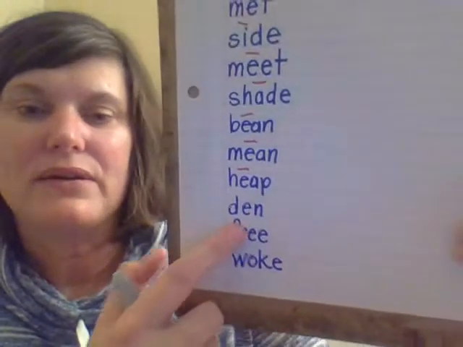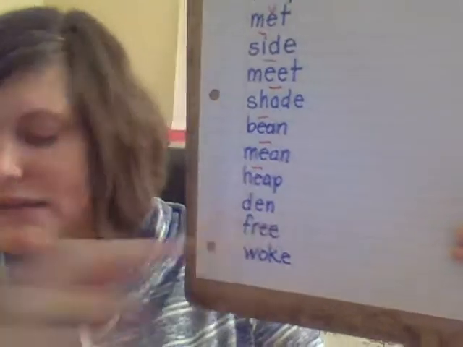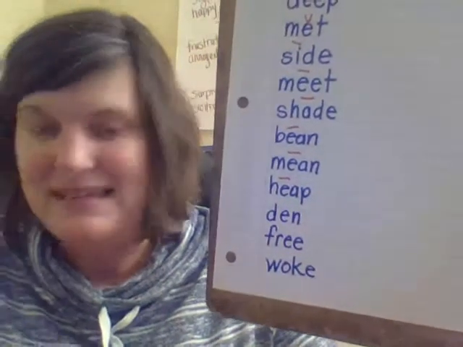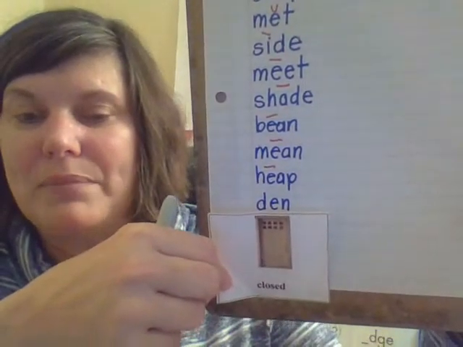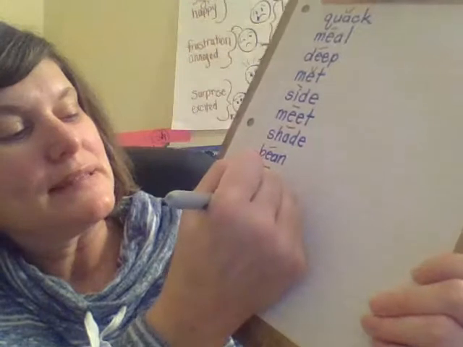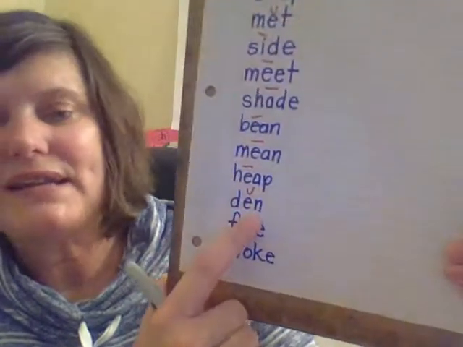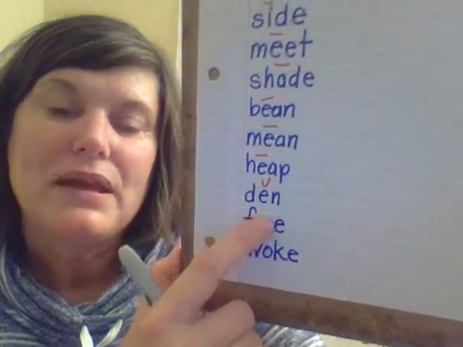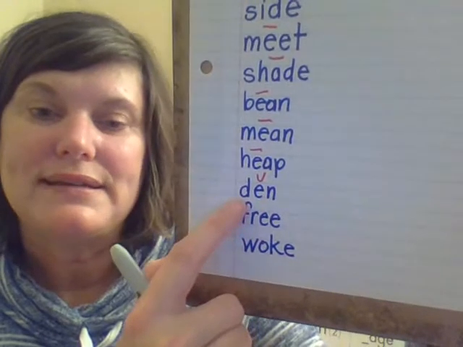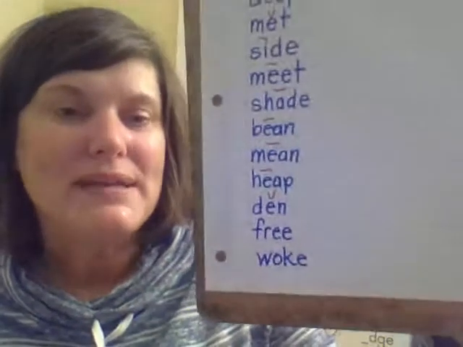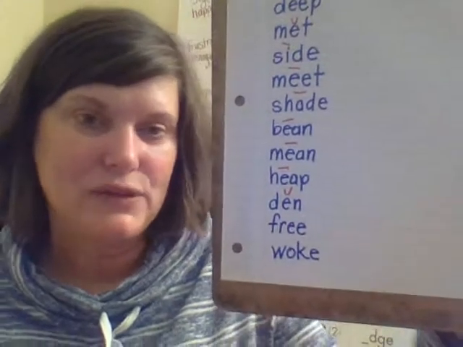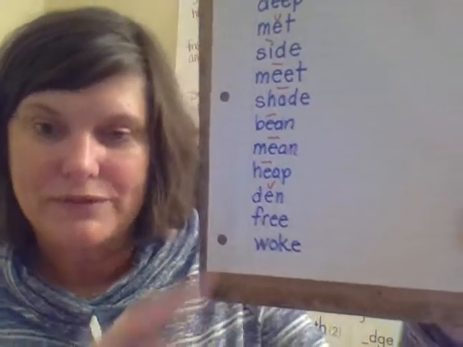Okay, let's look here. We have vowel, consonant. So this is a closed syllable type because the N, the consonant, is blocking in this vowel. So this is a short E. Den. So a den, like a fox's den. So it's a place where an animal would live.